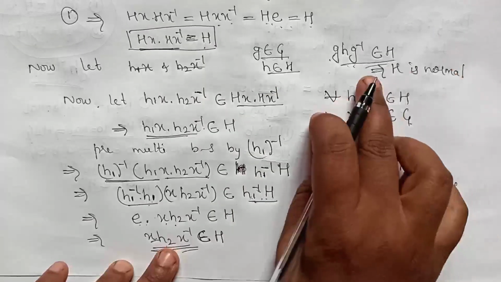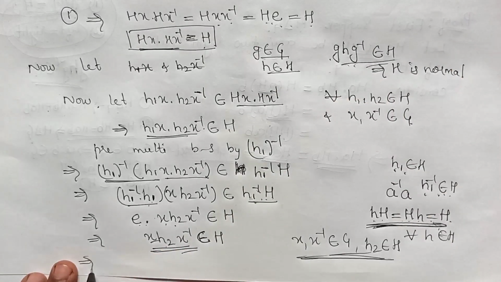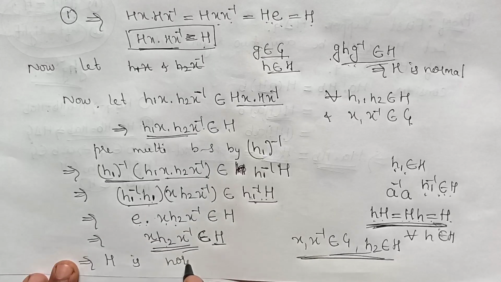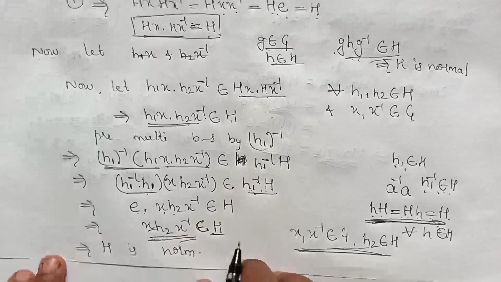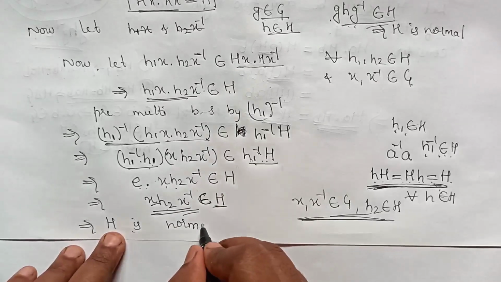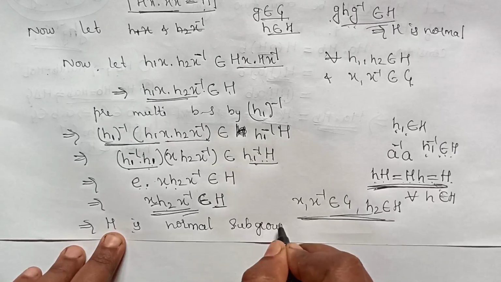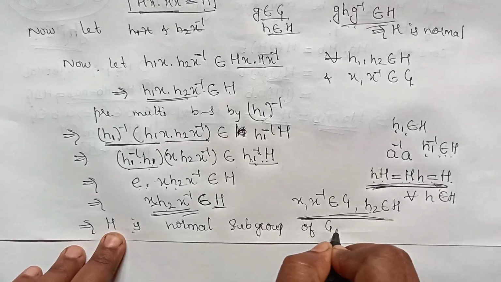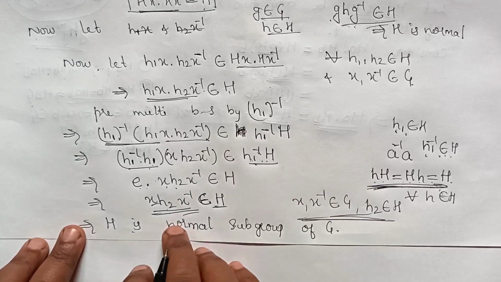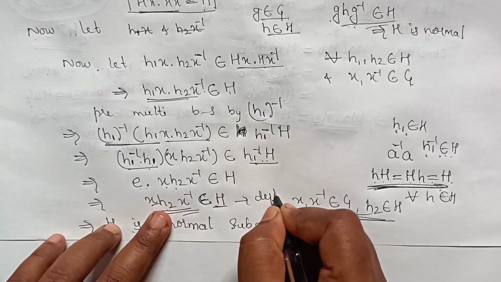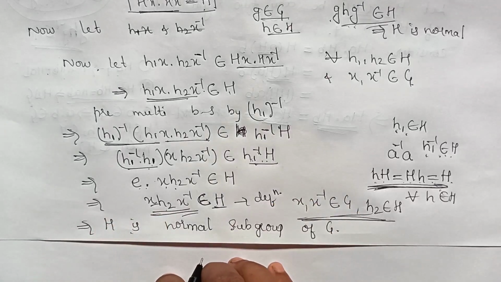Therefore, we say that H is a normal subgroup of G. So hence the theorem. So this is by the definition. Thank you.